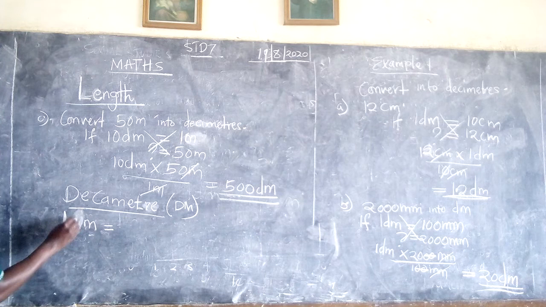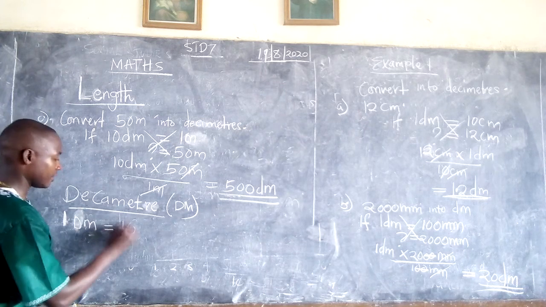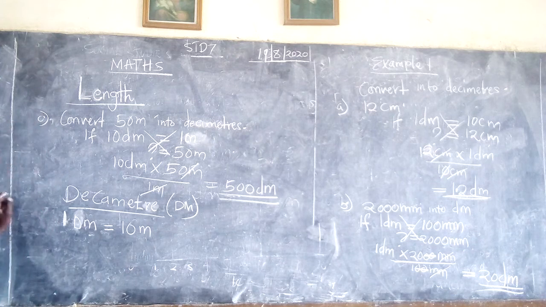Decameter is written in capital. 1 decameter is equal to 10 meters.